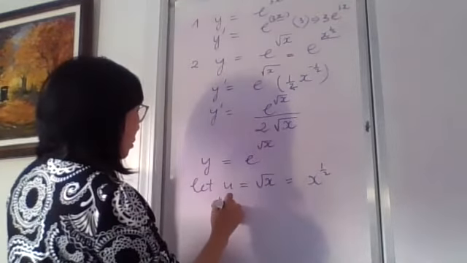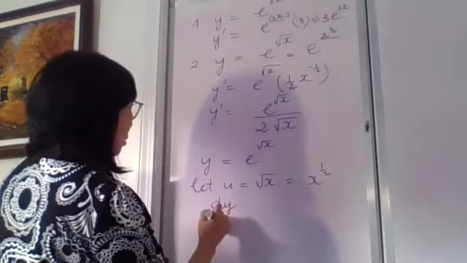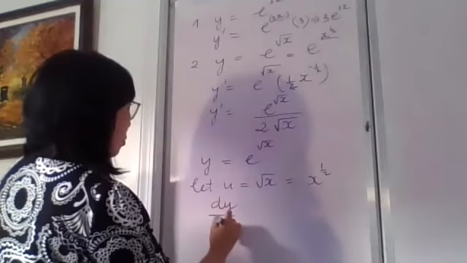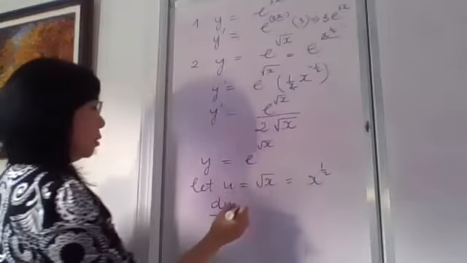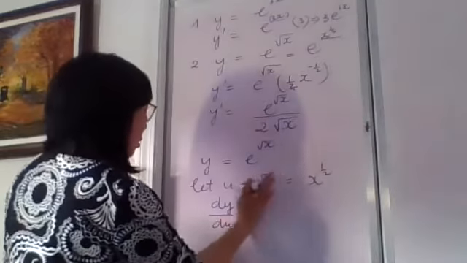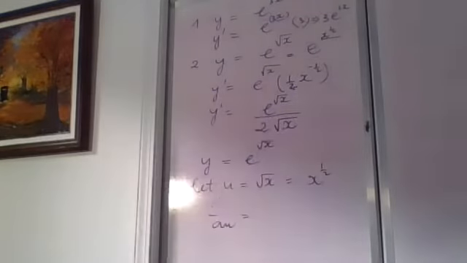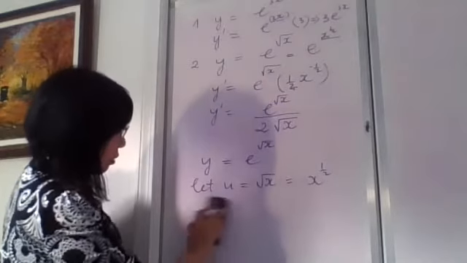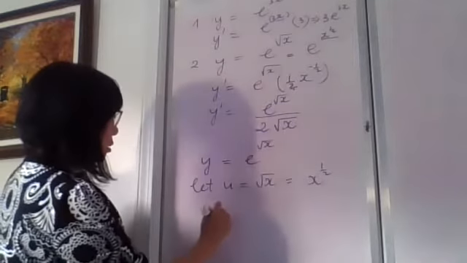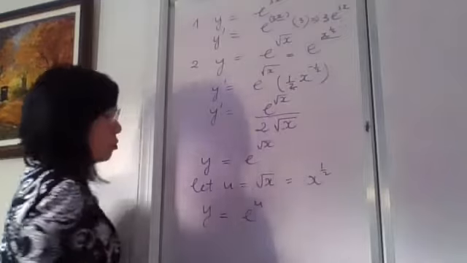Then dy over du will be equal to... before you do this, sorry, you will put it back in terms of u, so they rewrite this as e to the u.